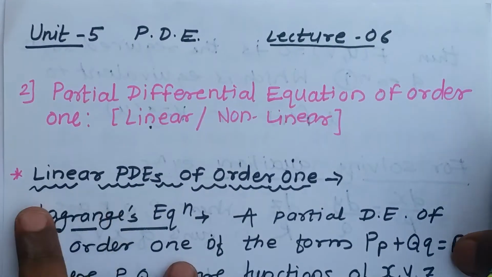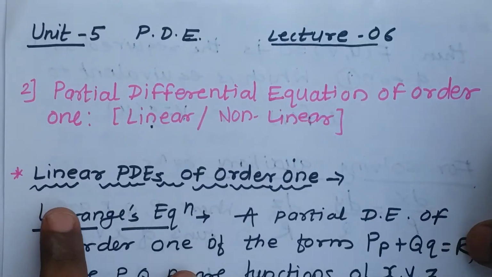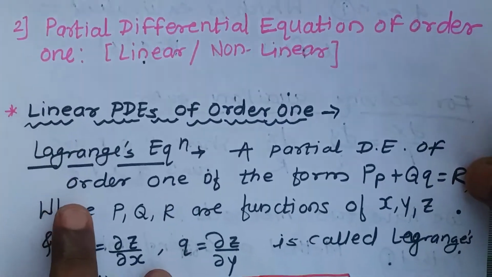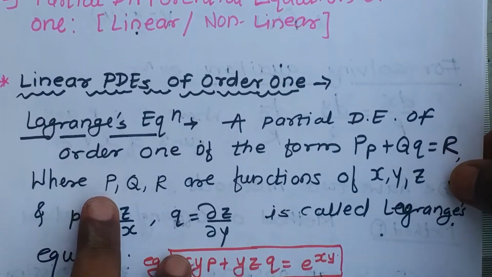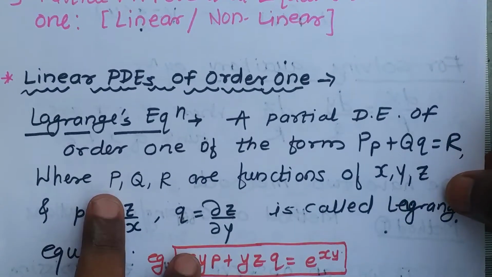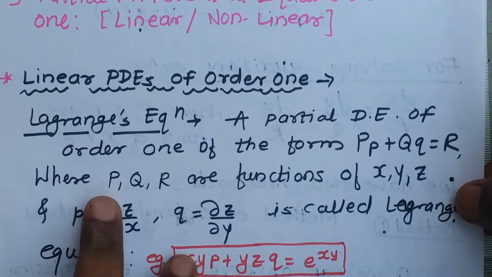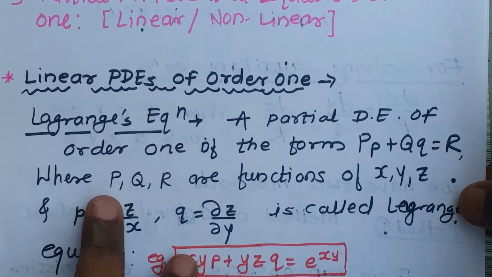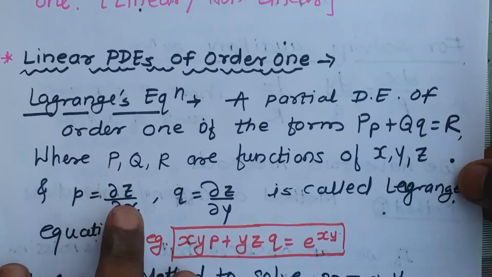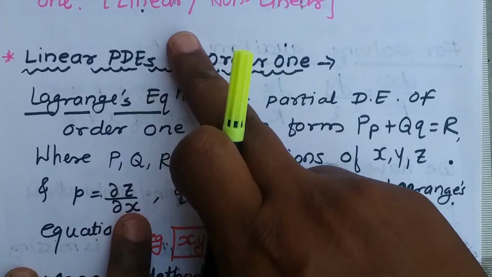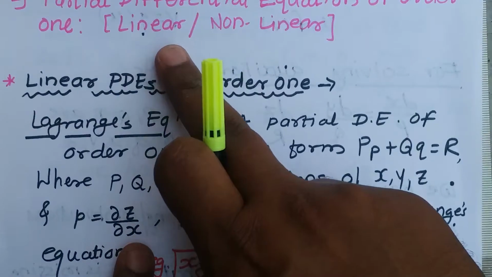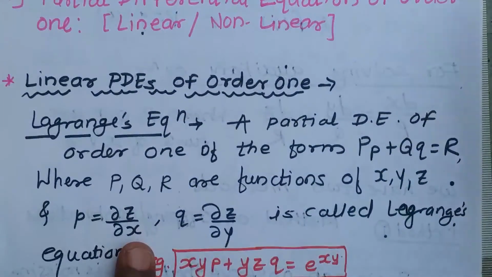One must know what we mean by partial differential equations of order 1, linear and non-linear. Then there are various methods to obtain the solution. All the theory part we are going to discuss in this particular lecture. Examples will start in the coming lecture. Very first, we are going to deal with the linear partial differential equation of order 1.